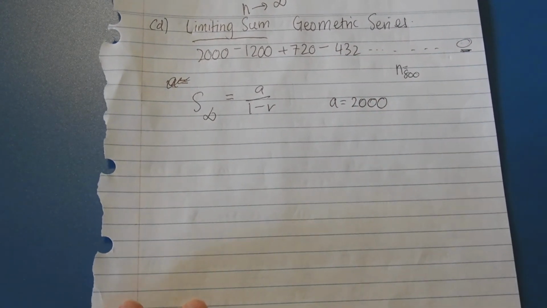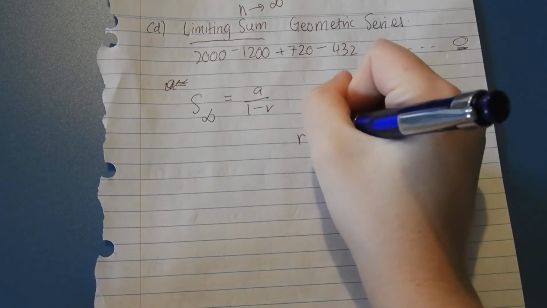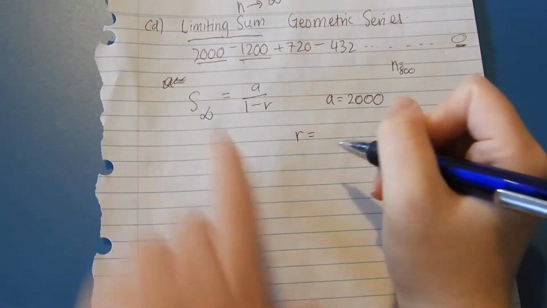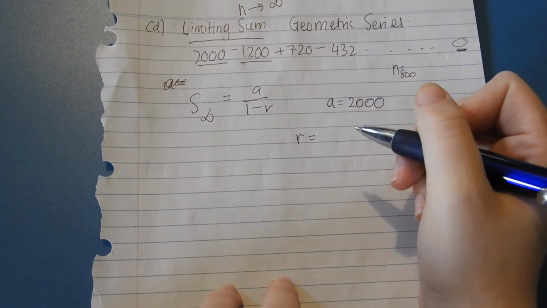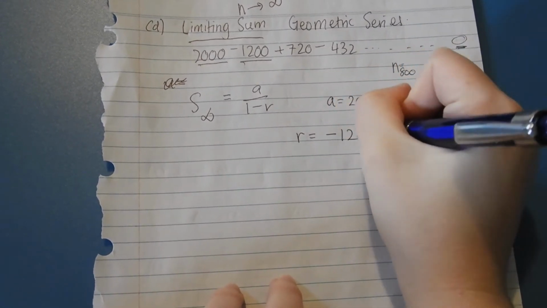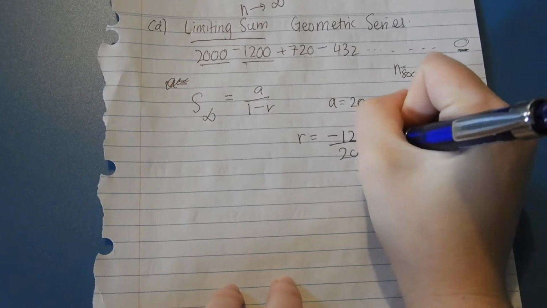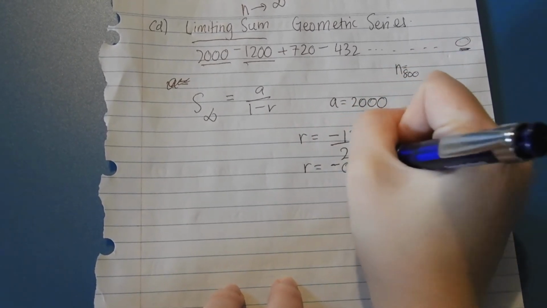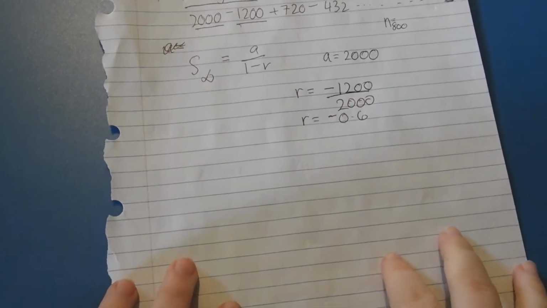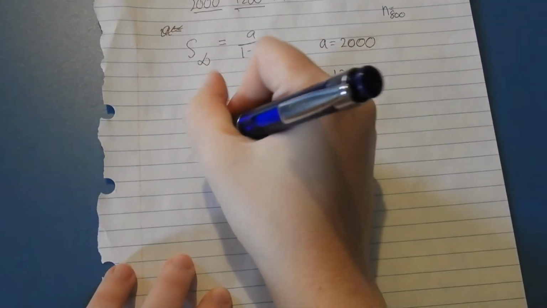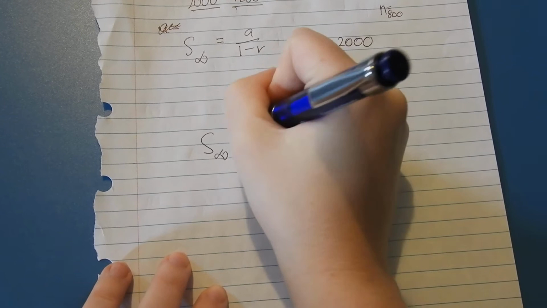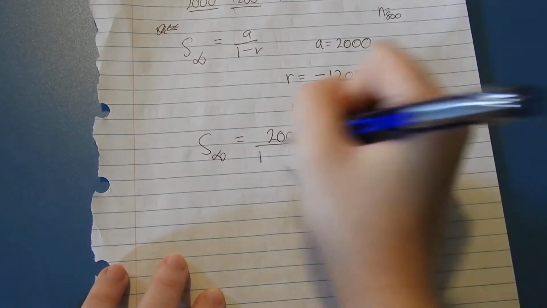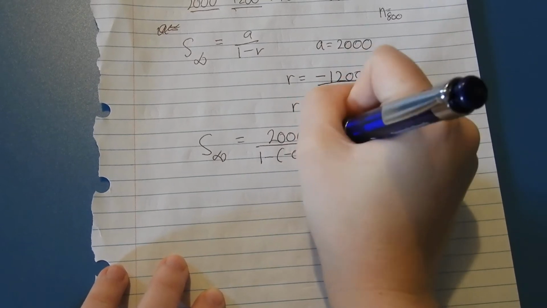R is the common ratio. So r is actually the second number divided by the first number. So 1200 divided by 2000. So r is negative 0.6. Now all we have to do is sub this into the equation. S infinity equals 2000 divided by 1 minus negative 0.6.